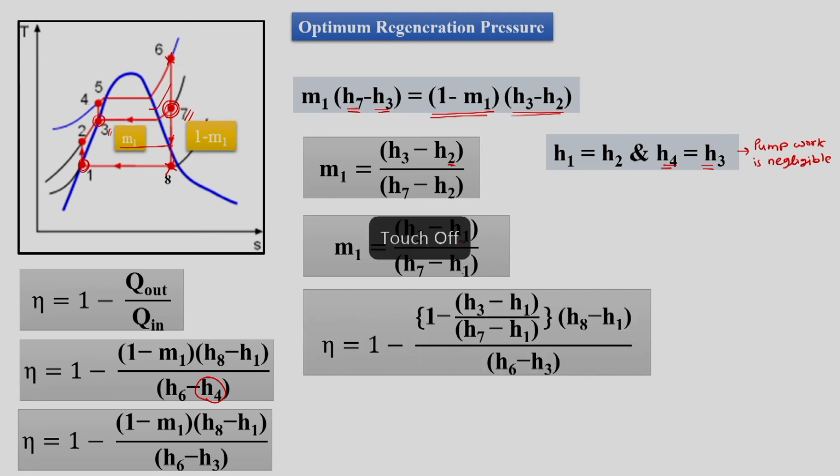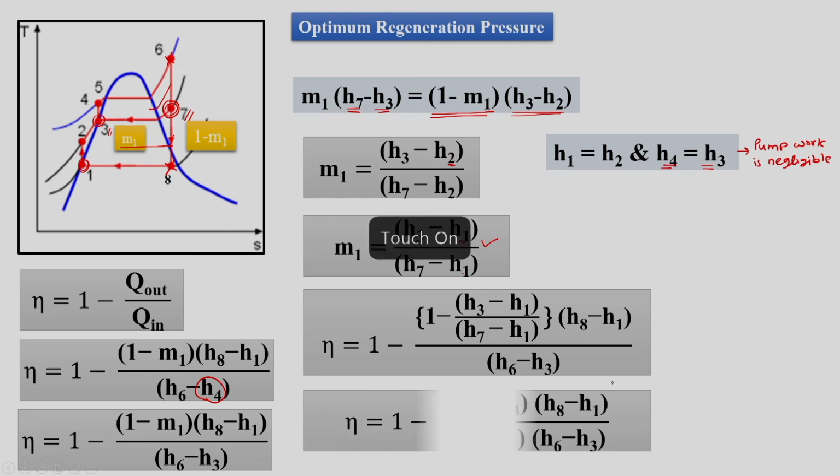Putting in M1, we get a new formula, 1 minus H3 minus H1 divided by H7 minus H1, into H8 minus H1 divided by H6 minus H3. After rearrangement this leads to H7 minus H3 into H8 minus H1 divided by H7 minus H1 into H6 minus H3. This is the formula for efficiency.